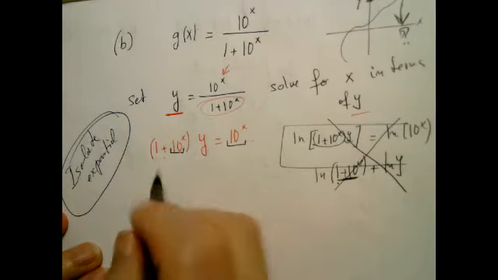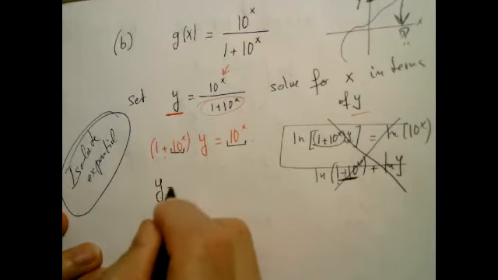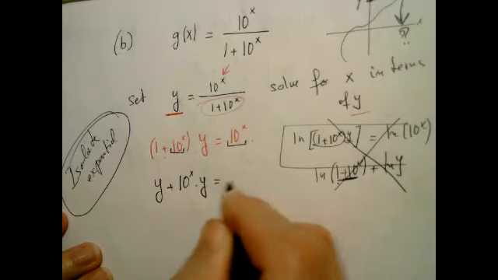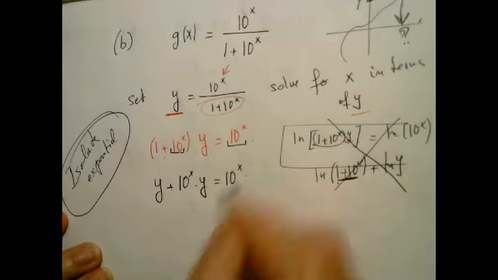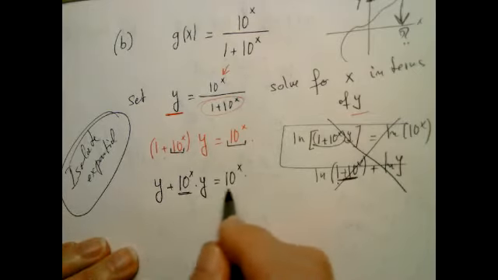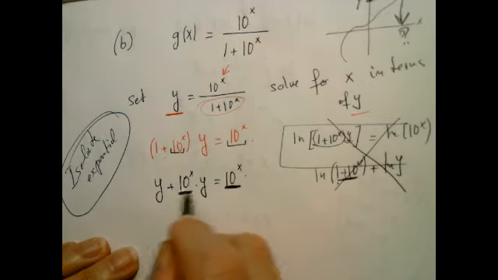So to isolate it, I need to distribute the y. Then 10 to the x, okay? I need to isolate this. So this is my unknown, basically. This is the piece I need to isolate.